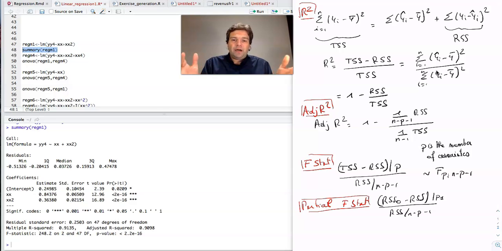And when we talk about R square, we talk about a tool that should enable us to select a model. We would like to have a tool which says, okay, the closer to 1 this tool is, the better the model is.